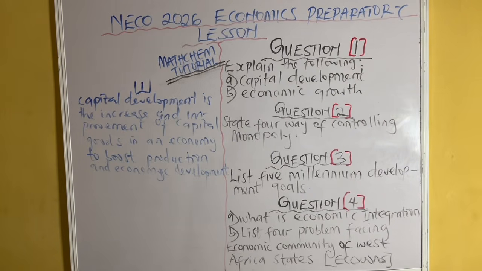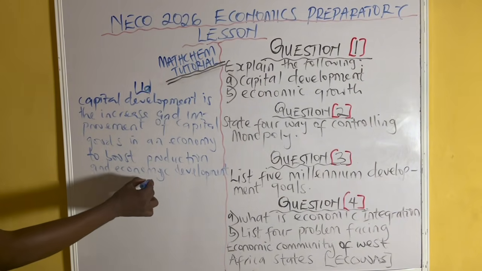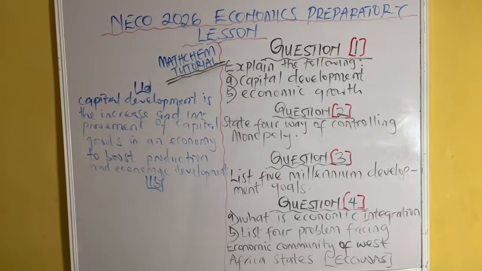All right. So another one, which is the B part. Let me give this as 1A and let me give this as 1B. So for the 1B part, we were asked to also explain what economic growth is.